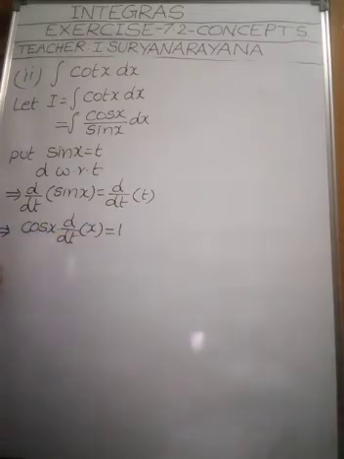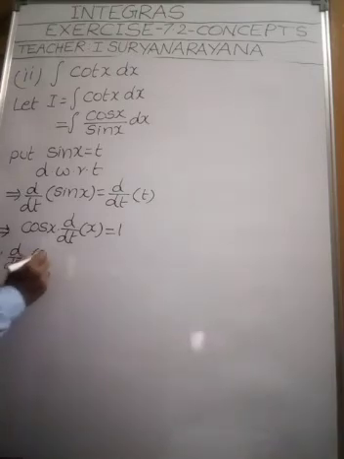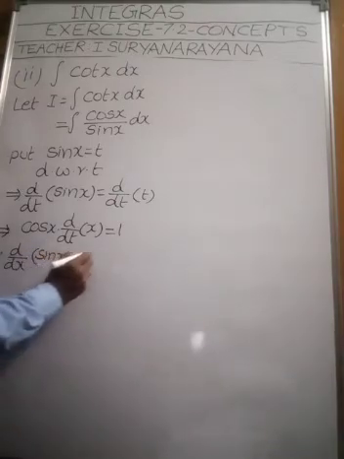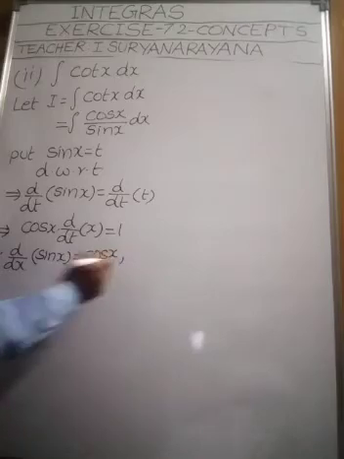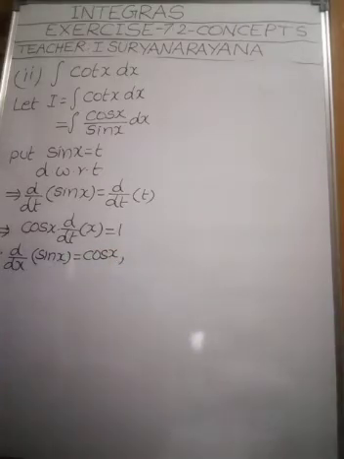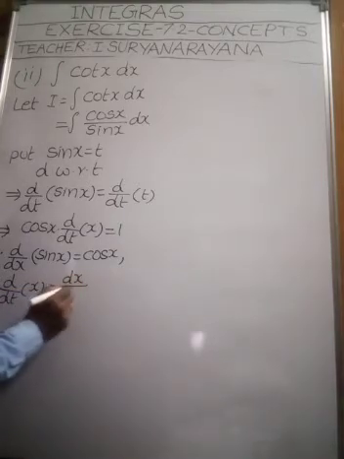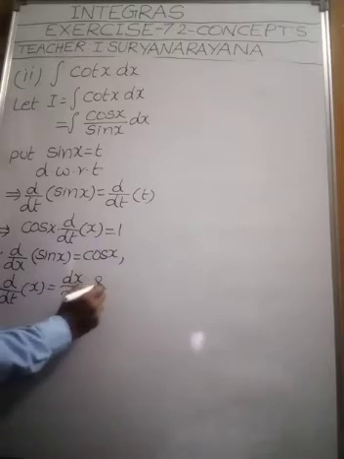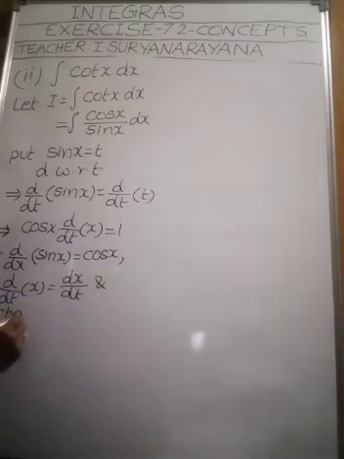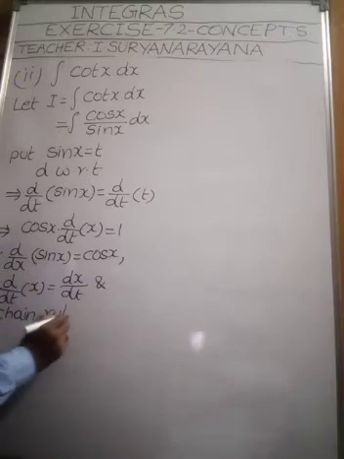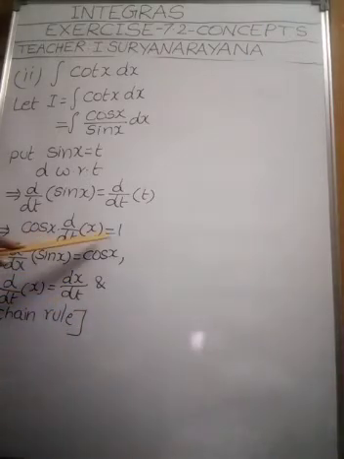Because d by dx of sin x is equal to cos x. d by dx of sin x is equal to cos x. d by dt of x is equal to dx by dt, and the chain rule. We used these three results to get this step.